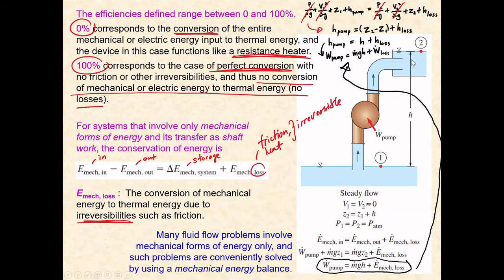The reason we put a loss here is because we might have some losses as a result of heat loss, resistance in the pump, or also due to friction within the pipe. There are minor loss and major loss. We are going to talk about that later on, but currently we just tell you that there are some losses in the pipe due to friction, losses in the pump due to friction, also heat generation, stuff like that.